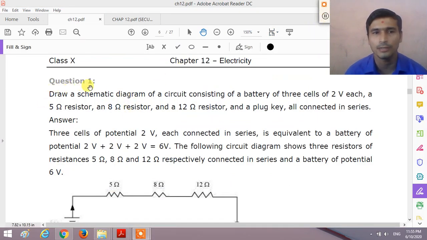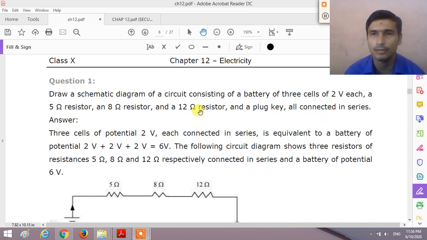Question number 1. Draw a schematic diagram of a circuit consisting of a battery of 3 cells each of 2 volt, a 5 ohm resistor, an 8 ohm resistor and a 12 ohm resistor and a plug key, all connected in series.